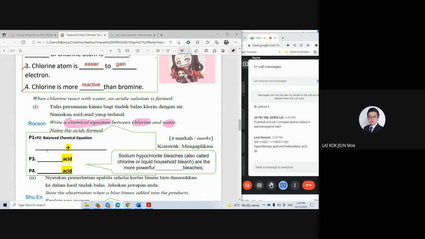It will form 2 types of acid. Which H2O will become HOCl plus HCl.